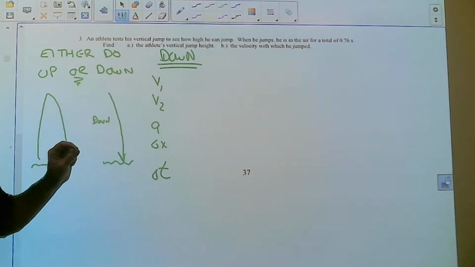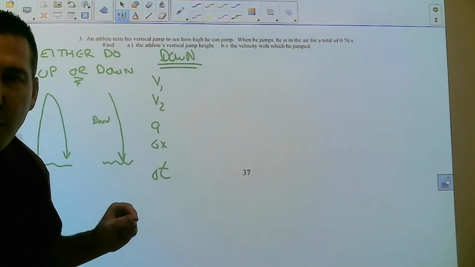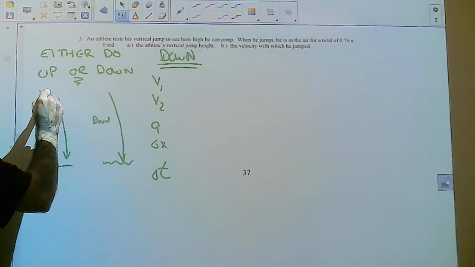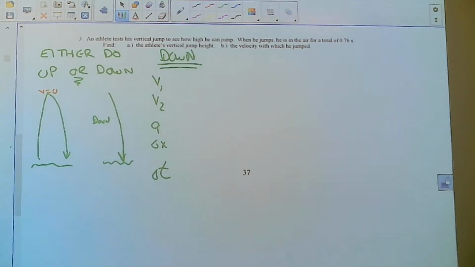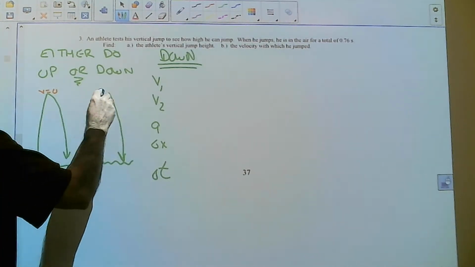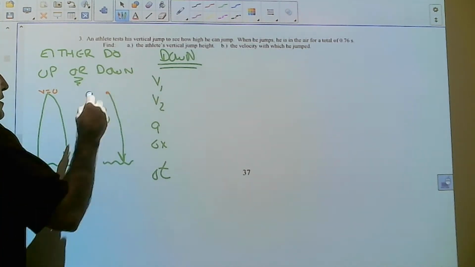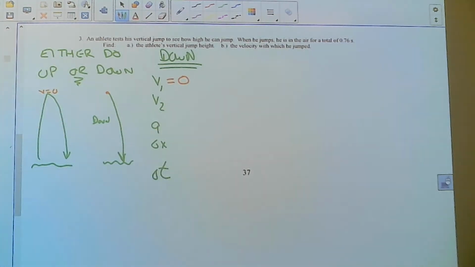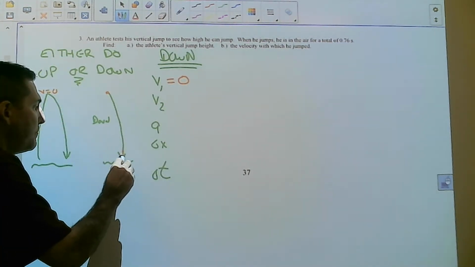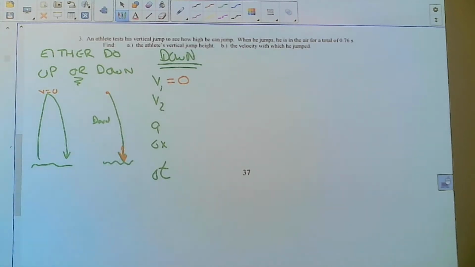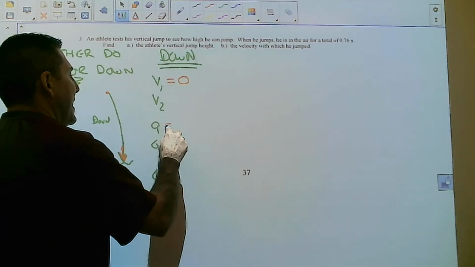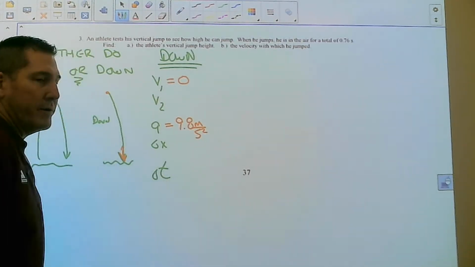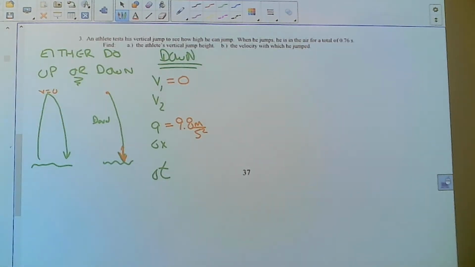And if I do the down part, it's just like free fall, because I know the velocity at the very top is 0. So if I just do the down part, I'm starting here, which means my starting velocity is 0. My v2 will be the impact velocity down here. I know that if I'm going down, gravity will accelerate it at 9.8 meters per second squared, just like free fall.